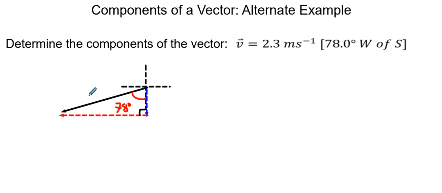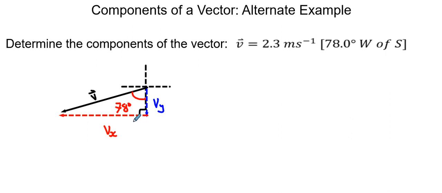This is then our vector v, our velocity vector. What we have produced here is a vy and a vx.